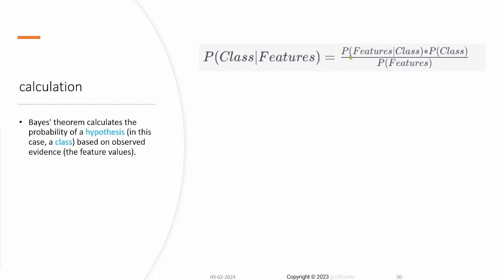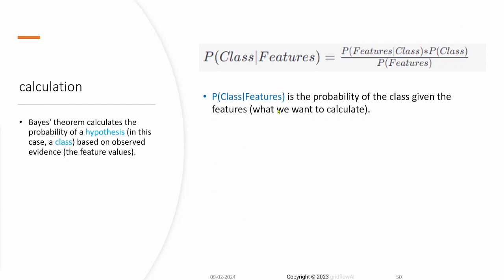We need to first focus on the prior probabilities here and also the class distribution. The denominator is simply a normalization factor. So let's take a dummy dataset to understand how this Bayes theorem actually works.